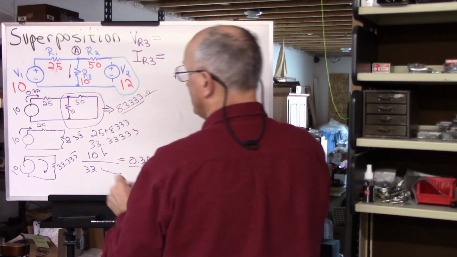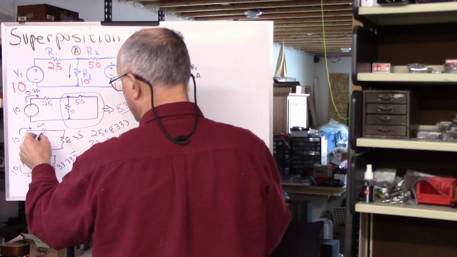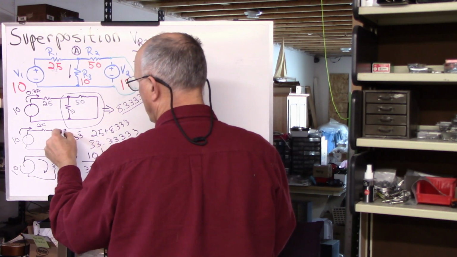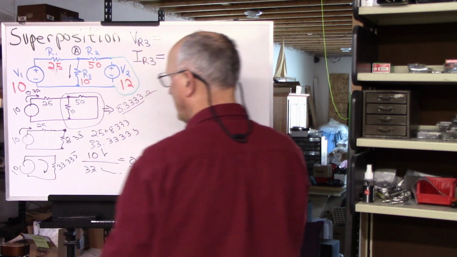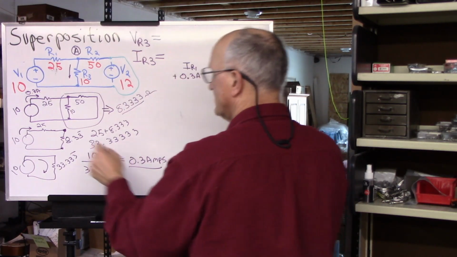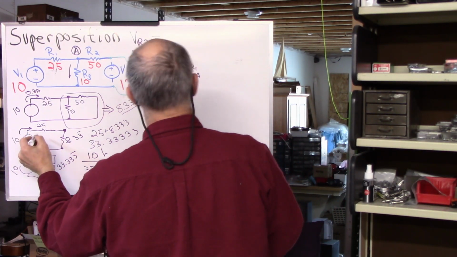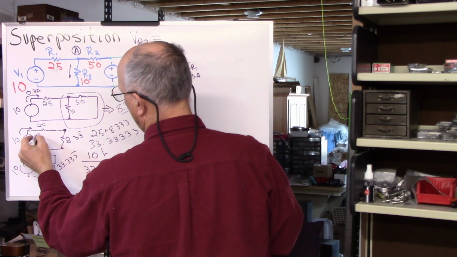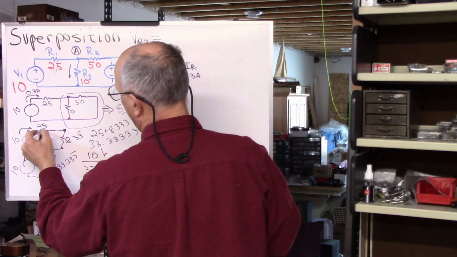Now, knowing this and knowing this resistance value, we can calculate this voltage here. We have 0.3 amps flowing through a 25 ohm resistor.